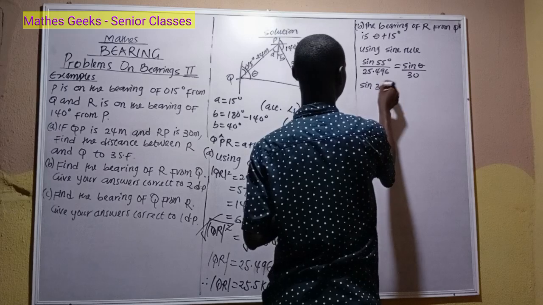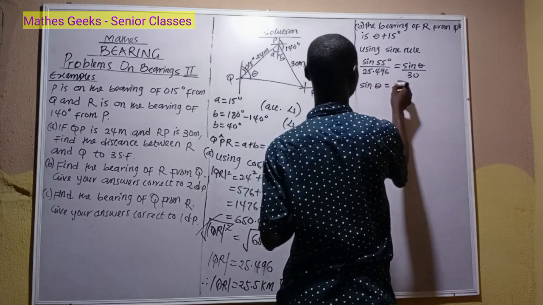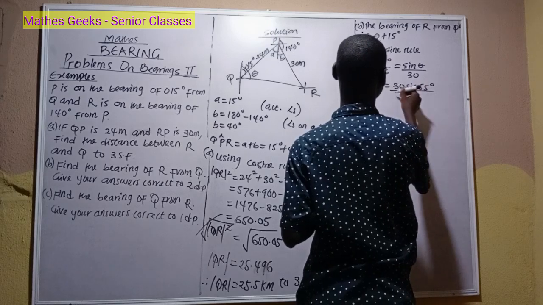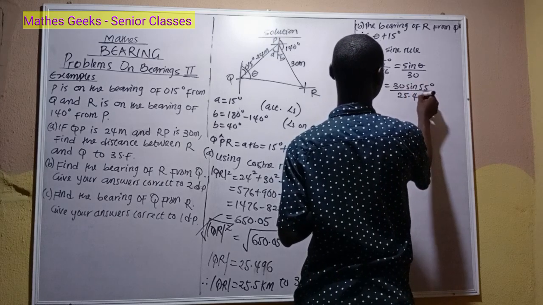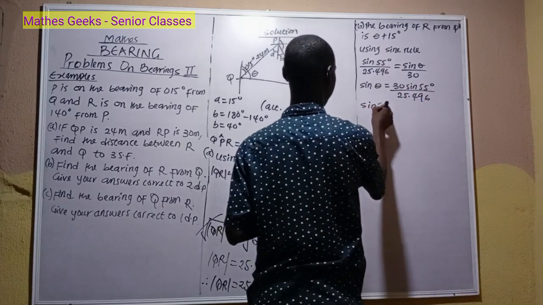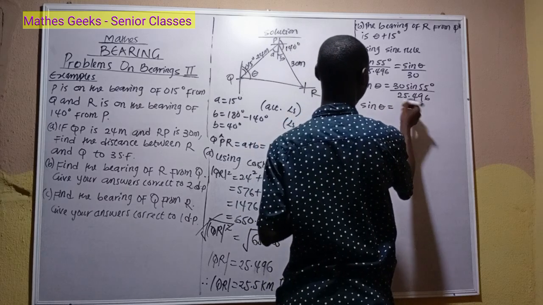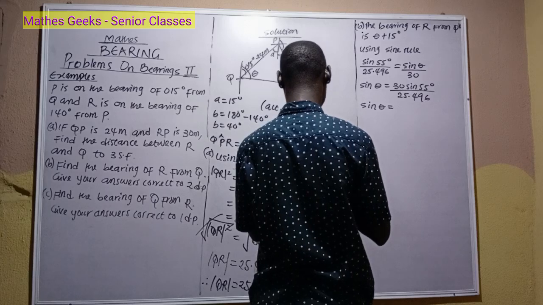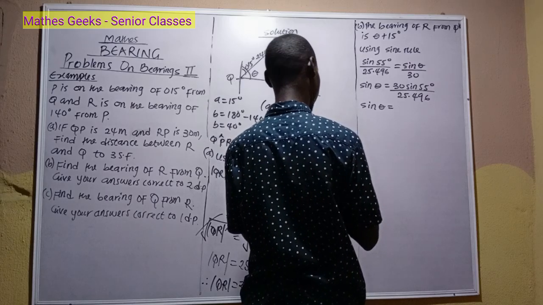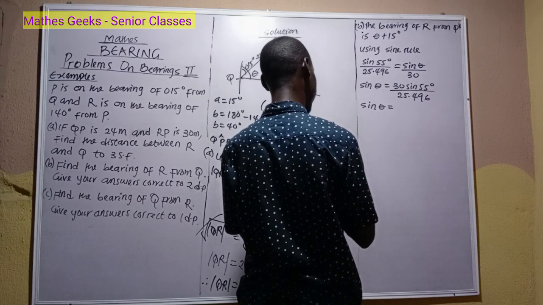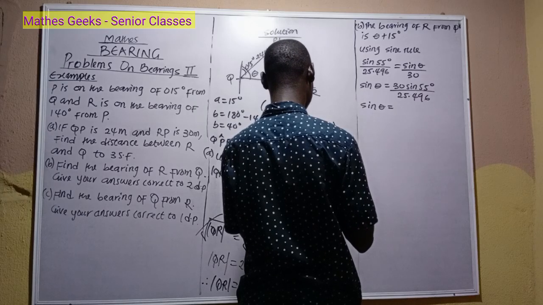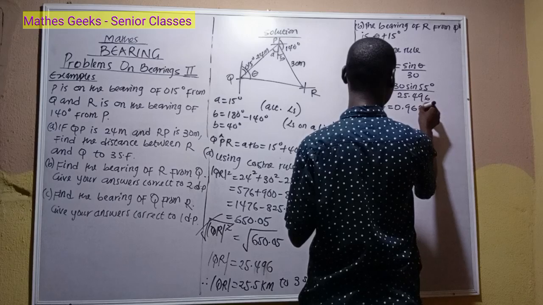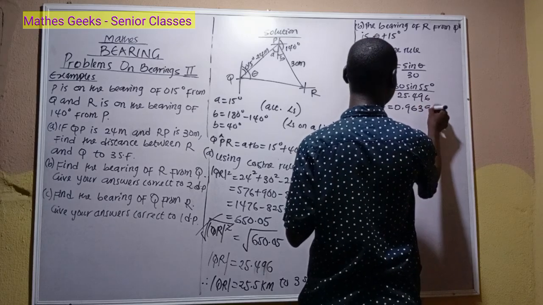So sine theta is equal to 30 sine 55 degrees over 25.496, which is 0.9639.